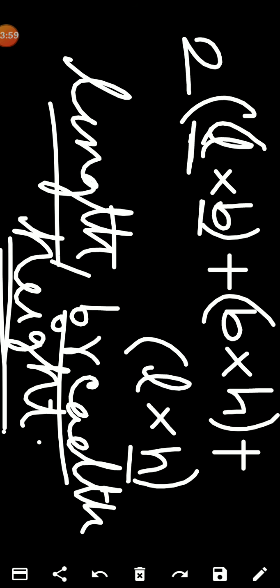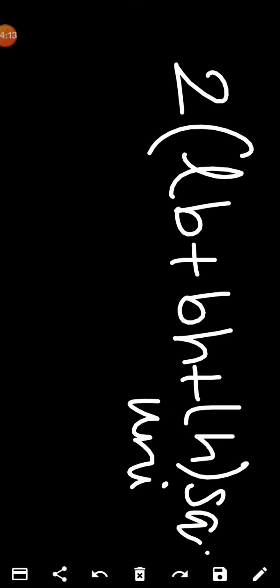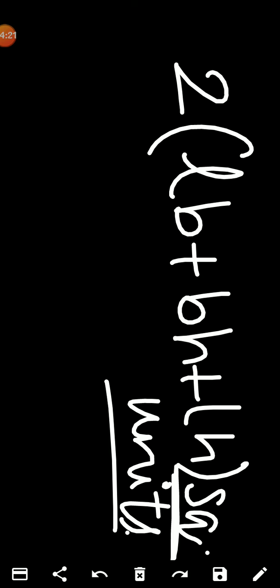Now when we write this formula a little more clearly, we get 2 multiplied by (LB plus BH plus LH) squared units. Always when we calculate the total surface area or even the lateral surface area for any figure, it is always represented by squared units.